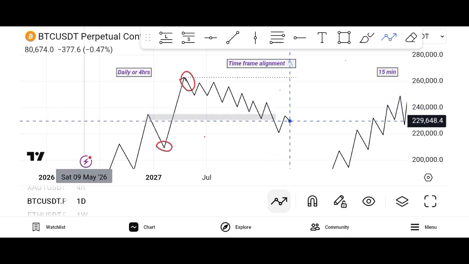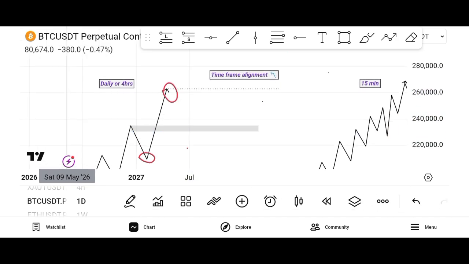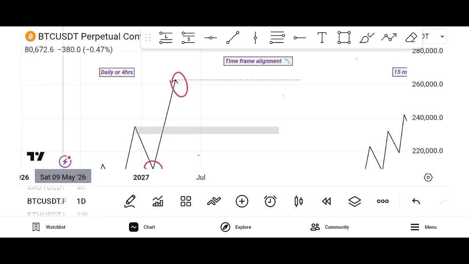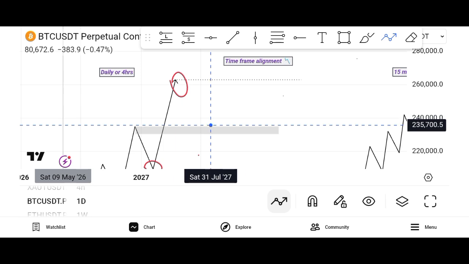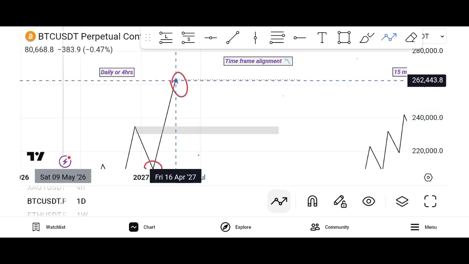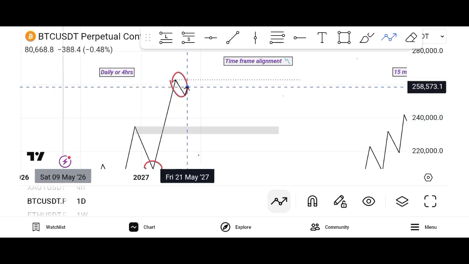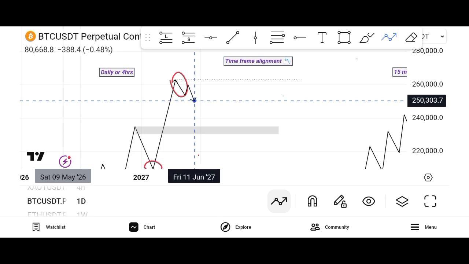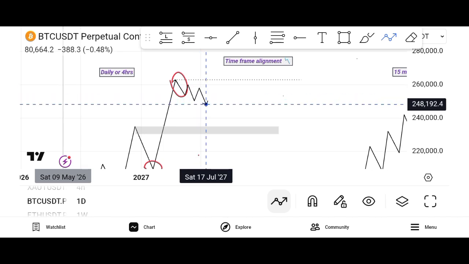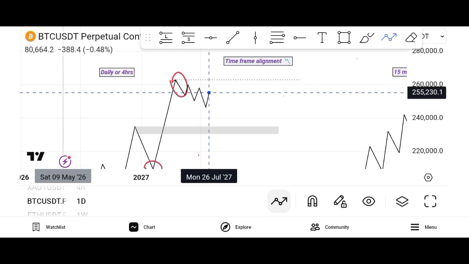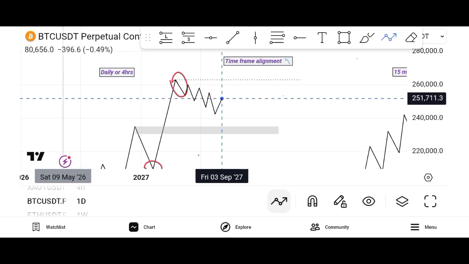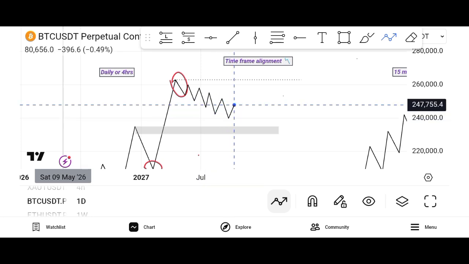Now if you have a switch in market structure from this point here, this is where you trade a reversal. On the lower time frame, which is the 15 minutes here, whatever will be happening here would be a correction, and this correction will be on a downtrend. So you'll be able to see that we'll have a series of lows and highs, lows and highs.